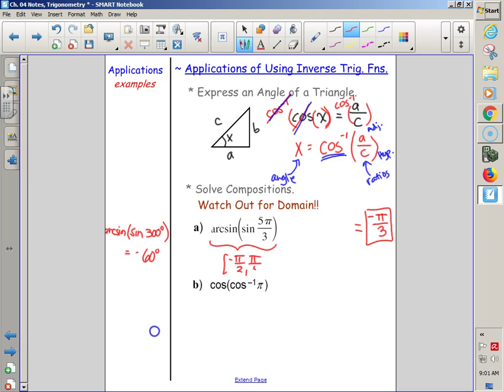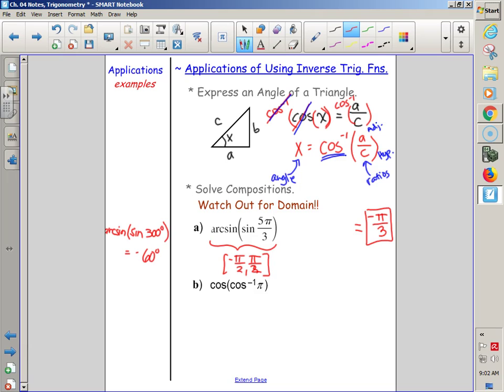Question, does 5 pi over 3 fit in those two angles? 5 pi over 3 goes all the way around. So what's another way of going all the way around? Going negative. So there are still those restrictions to inverse trig where something might get changed when it gets thrown in.